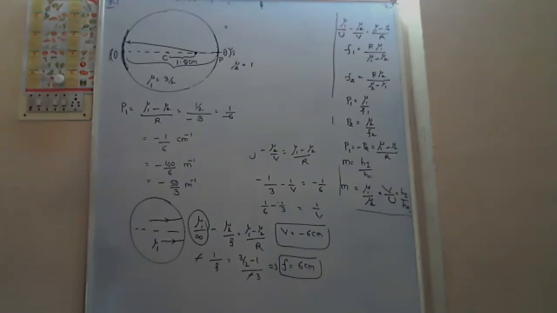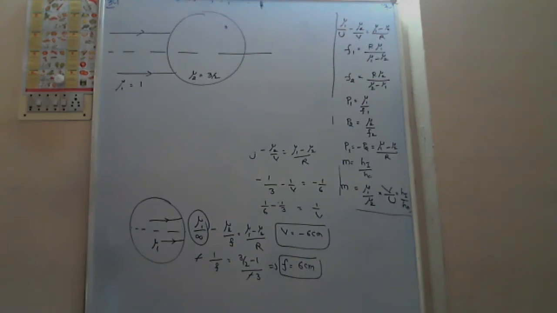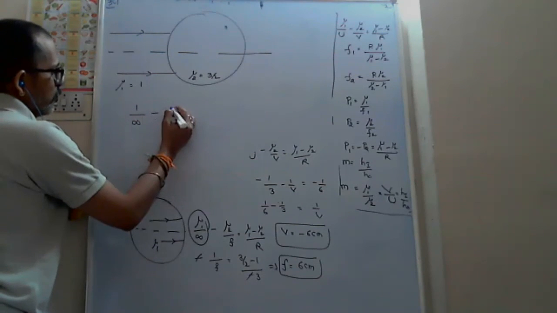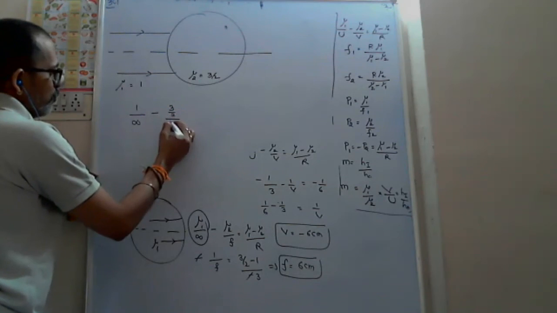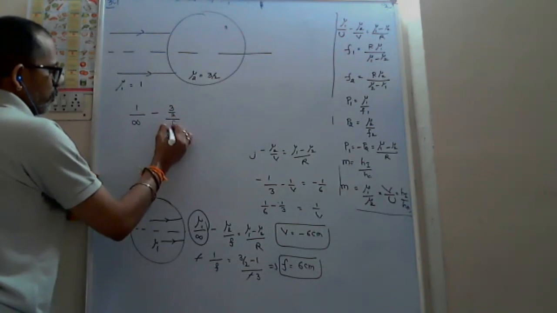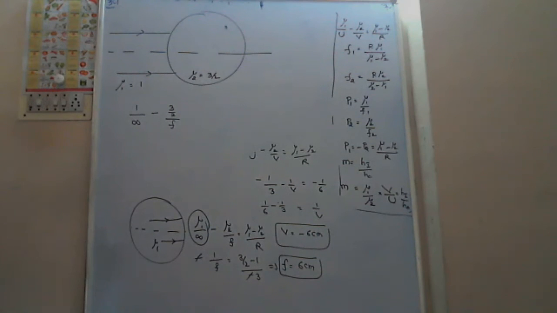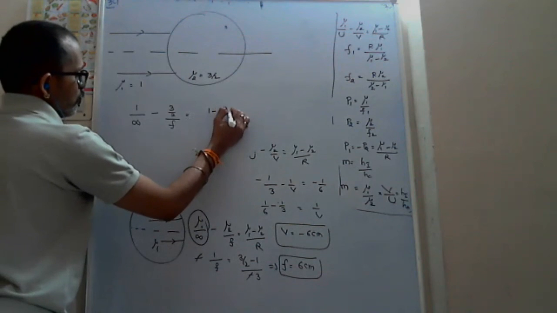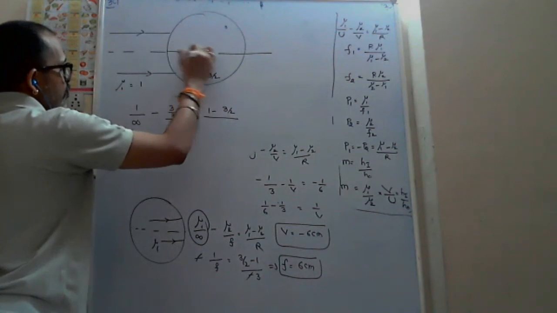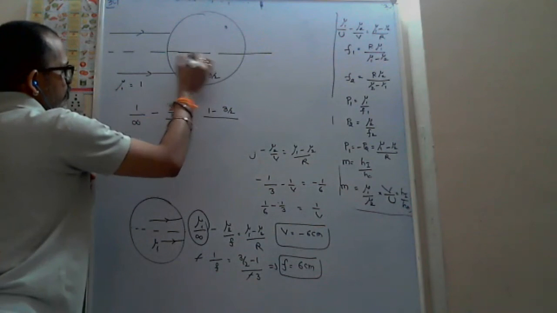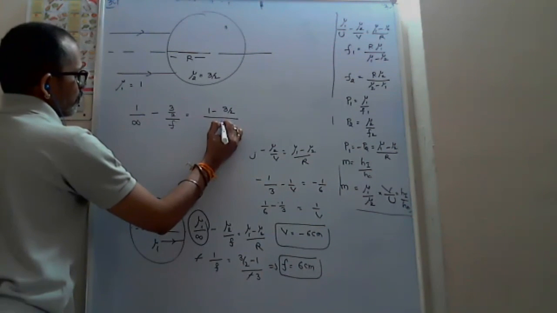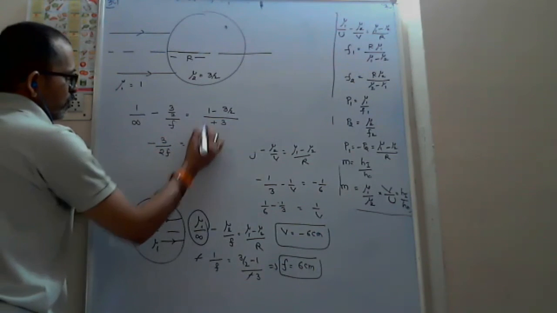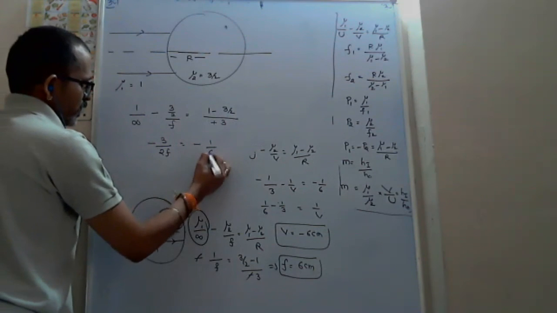So understood how to solve? Focal length of sphere: mu1 by infinity minus mu2, 3 by 2, by v. V is focus. If incident rays are coming from air, it is equal to mu1 minus mu2 by r, radius of curvature. I think this time radius of curvature is positive, plus 3. Plus 3 by 2 is equal to minus 6.